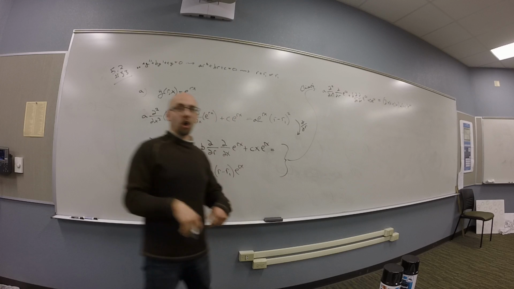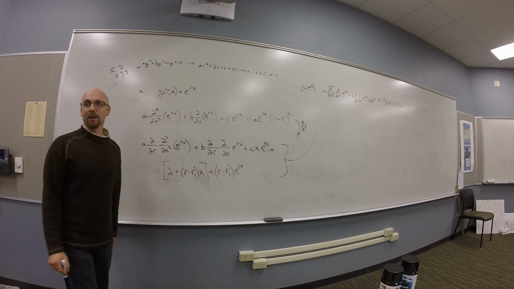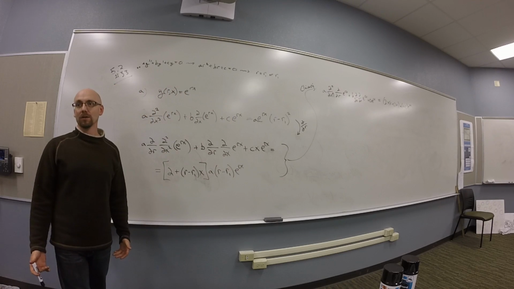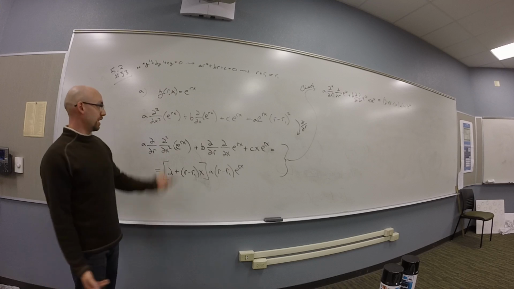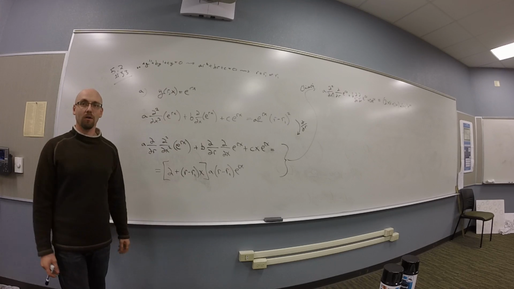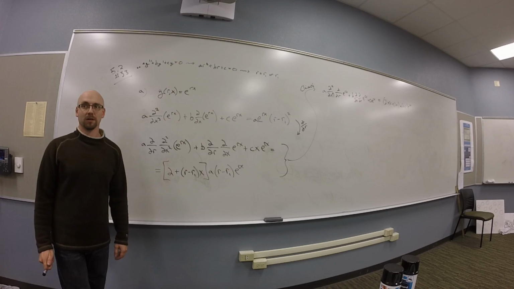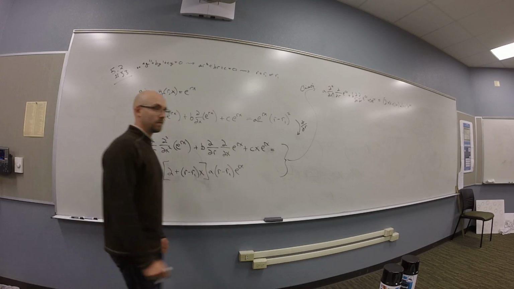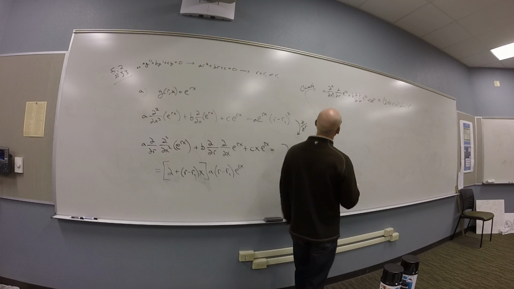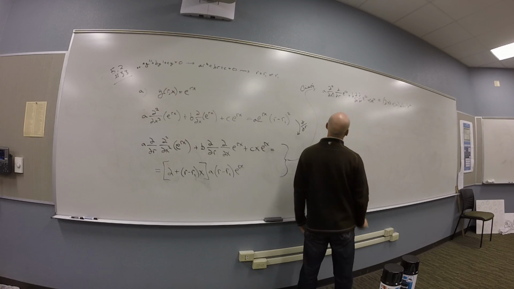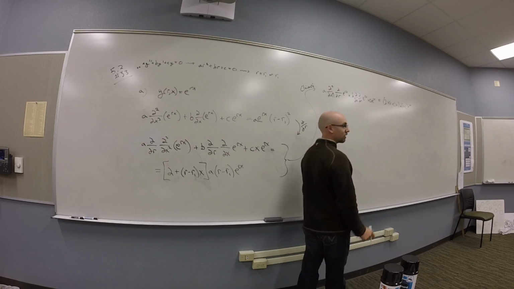Basically, go back and consider what you would get if you did the derivatives the other way around. It should be the same thing, because e to the rx is nice and continuous in basically all manners, so Clairaut's theorem should apply. So if I actually do this, what's the partial with respect to r of e to the rx?